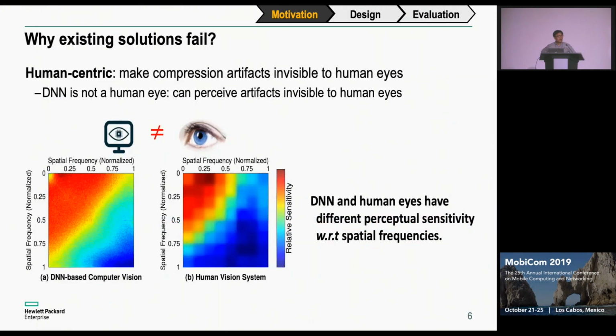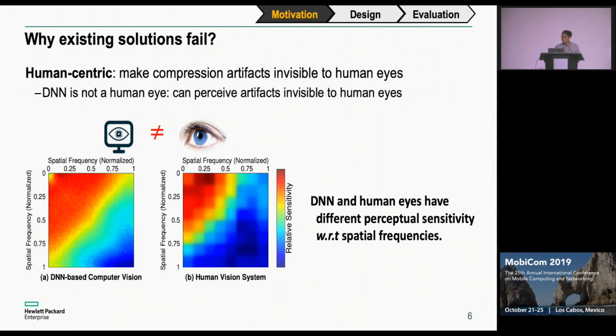So then what is the root cause of these limitations? We found that these limitations actually come from the human-centric design of these compression techniques. The existing solutions make the compression artifacts invisible to the human eye, or more exactly, specific to the perception sensitivity of a human.